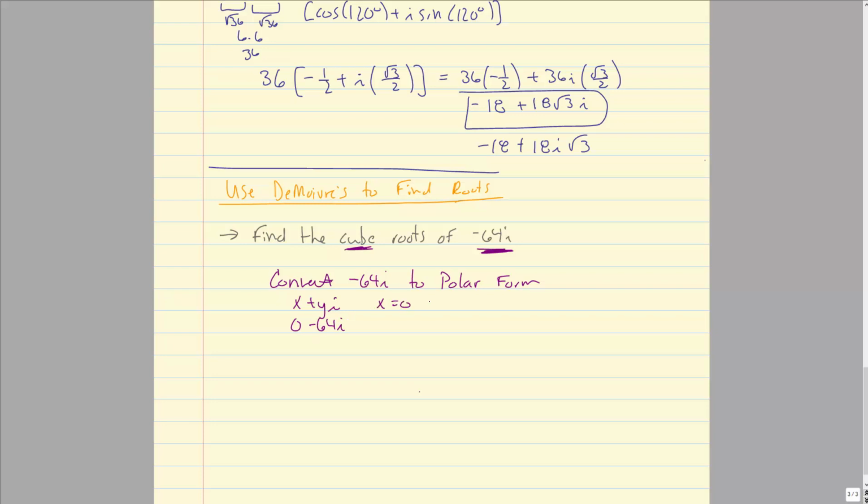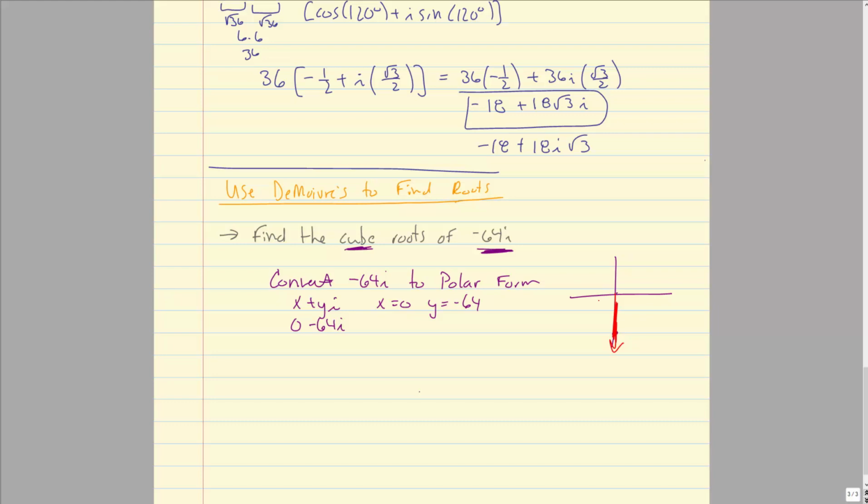So x would be 0, y would be a negative 64. So 0, not moving off the origin, negative 64 we'll say is right here. So this is that vector that we're looking at. I'm not in any particular quadrant. I'm in between quadrant 3 and quadrant 4. That's kind of the important thing to think about here.